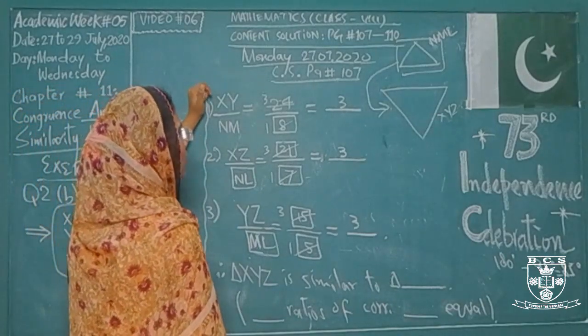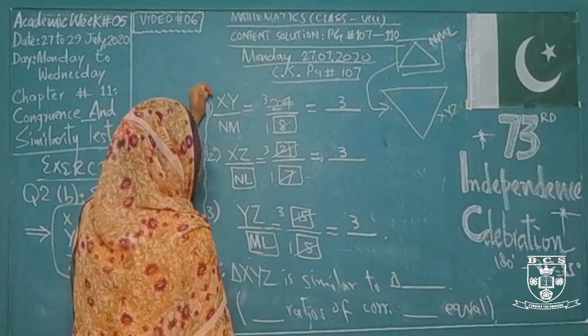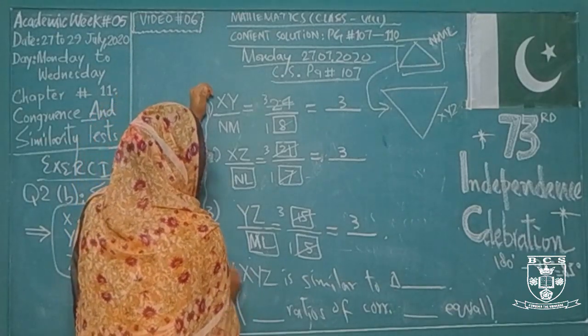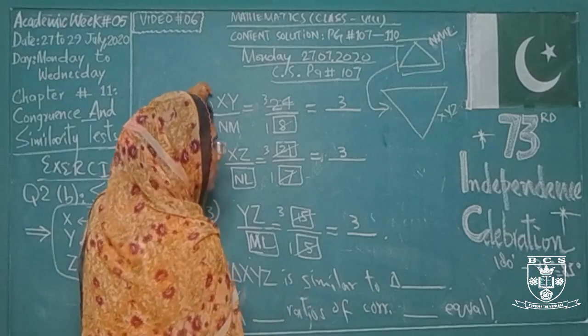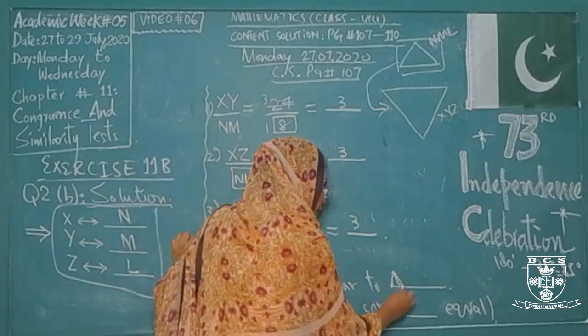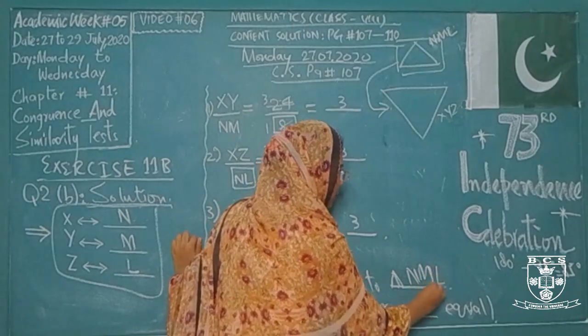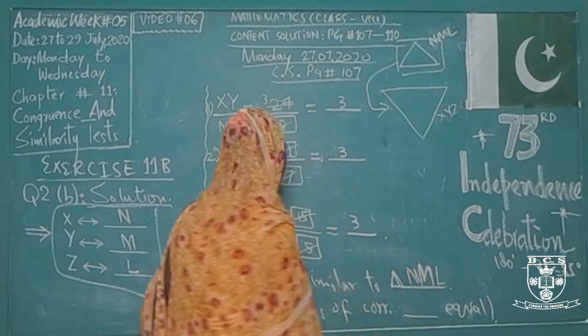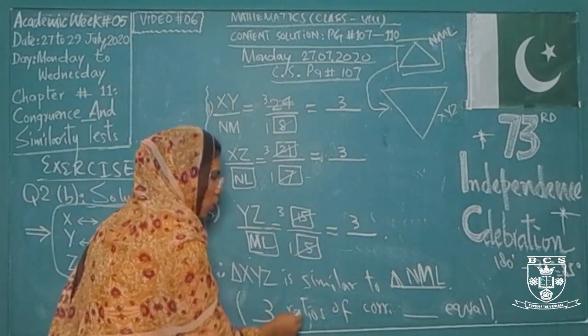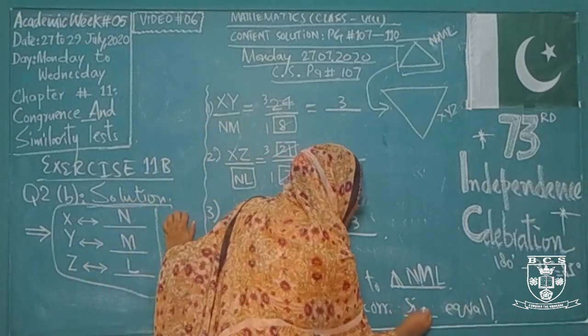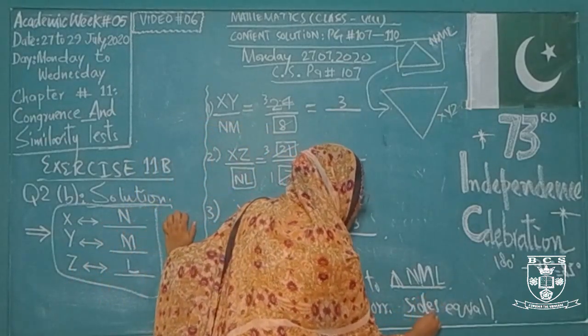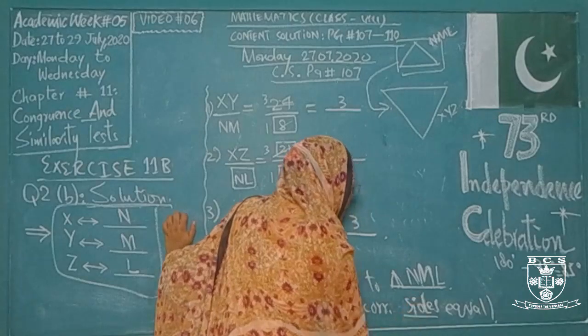As these three sides are proportional to each other, triangle XYZ is similar to triangle NML, and the three ratios of corresponding sides are equal. This is the reason for their similarity.